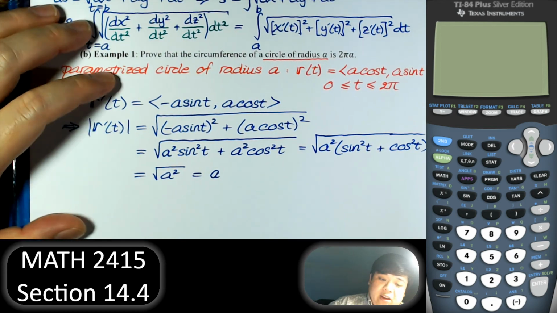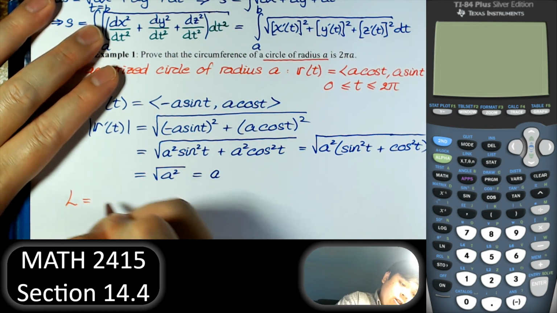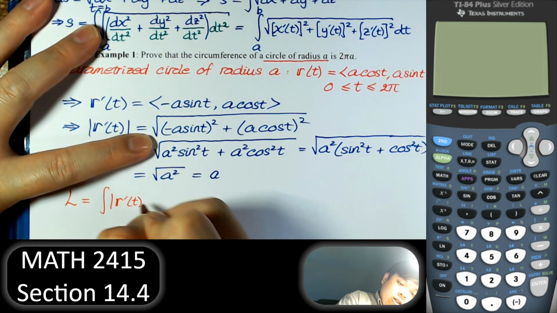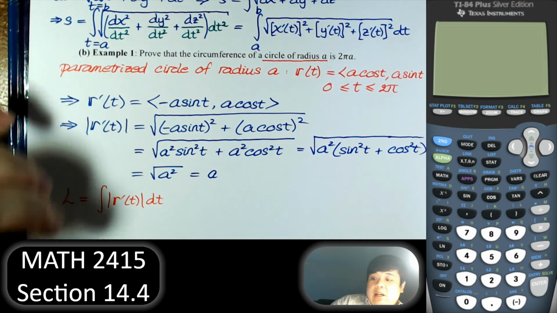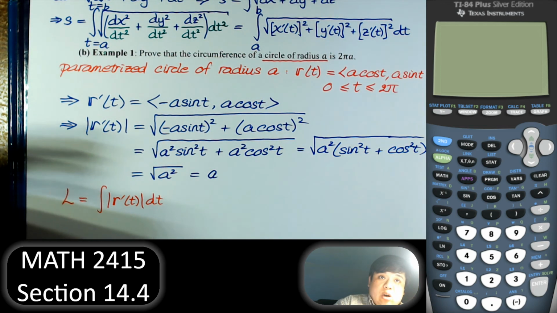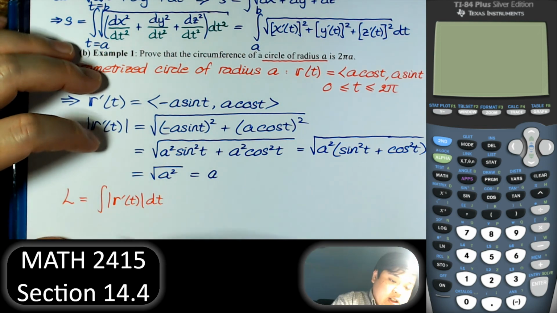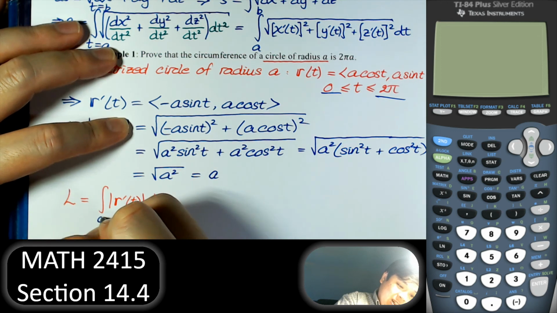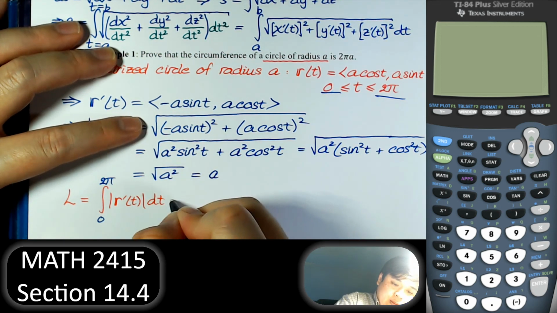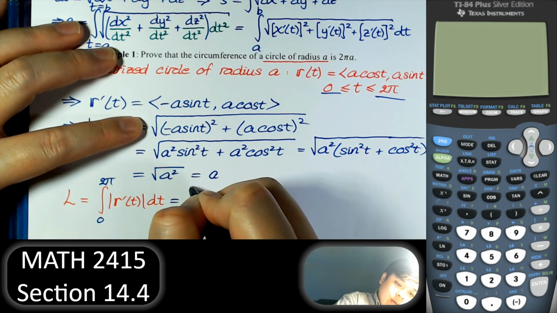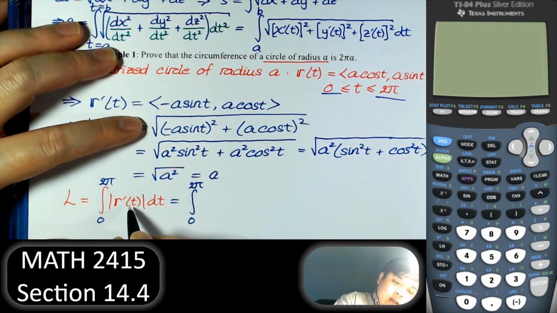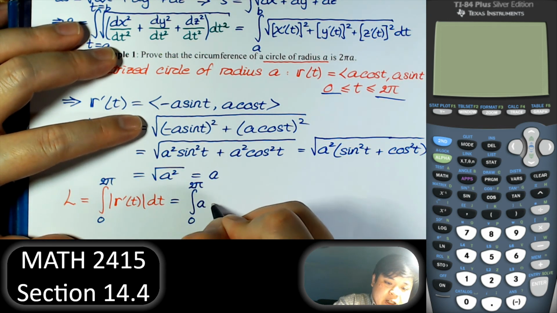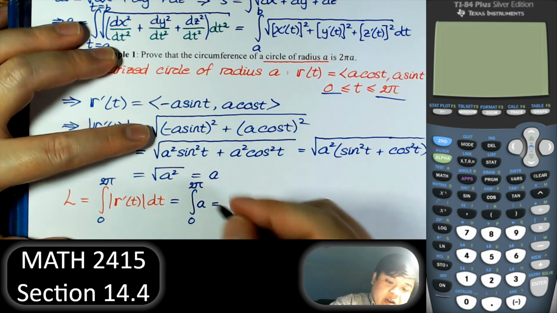Right. And then the arc length is the integral of the magnitude of the tangent vector. We go from a to b, in this case 0 to 2 pi. The magnitude of the tangent vector is a. Of course, there's dt, right?